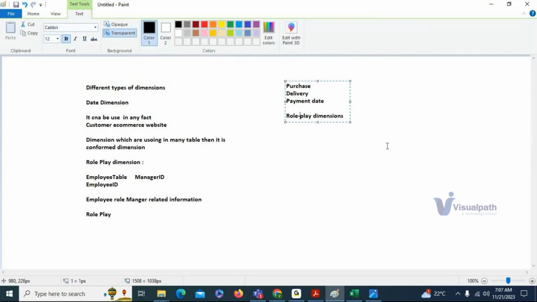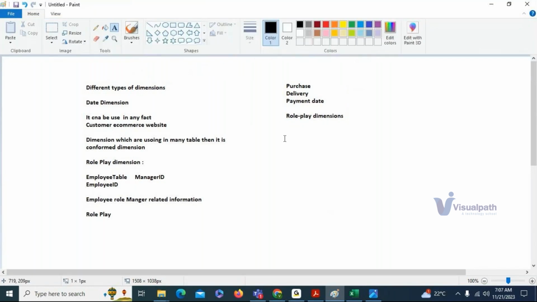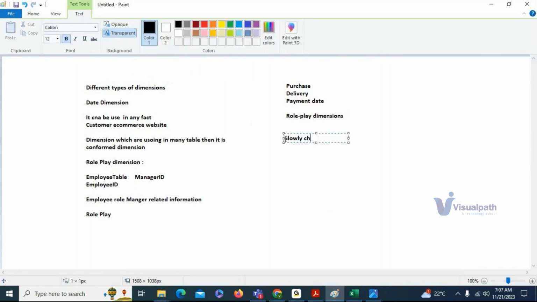These are the important dimension types. Apart from this, we have slowly changing dimensions. What do I mean by a slowly changing dimension? Let's say in your organization there is an employee, employee ID, his designation.